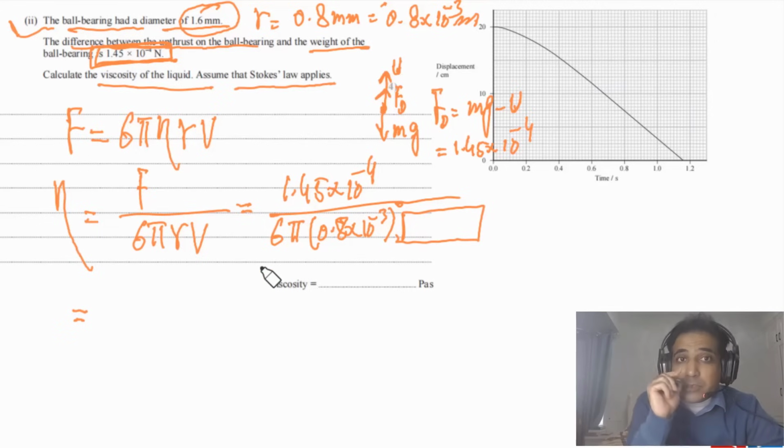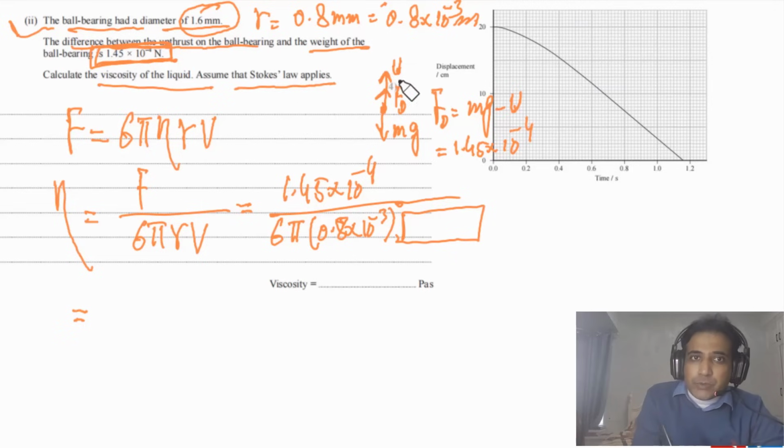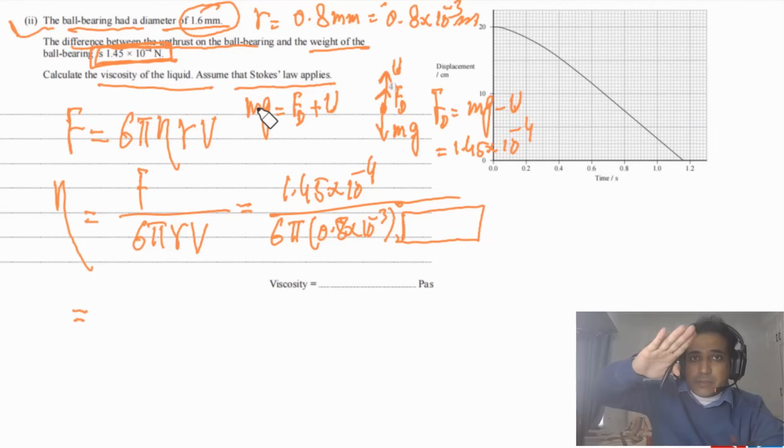And V is the terminal velocity, when Fd is equal to mg minus U, or simply the instant when drag plus upthrust are equal to mg, meaning mg is balanced by the sum of drag force and upthrust. At that instant the ball bearing is falling at terminal velocity. So the velocity we have to use is terminal velocity.